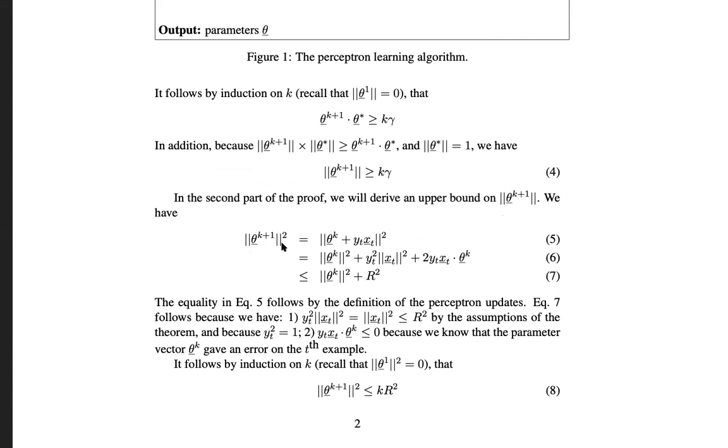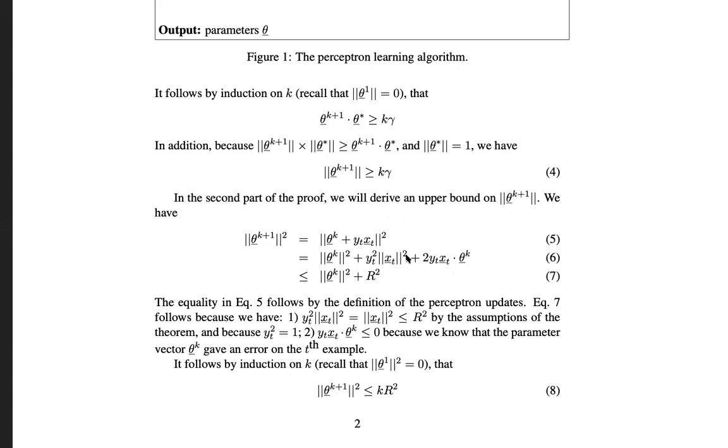Theta k plus 1 is nothing but theta k plus x_t y_t. Let's look at this norm squared. I'm just opening up this whole thing by the definition of the norm. Whatever this quantity is, let it be. Now what is this quantity?